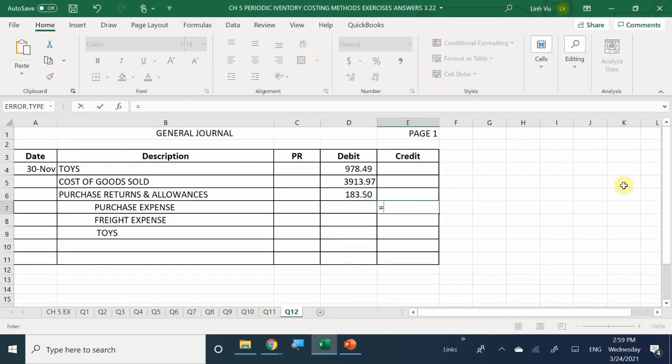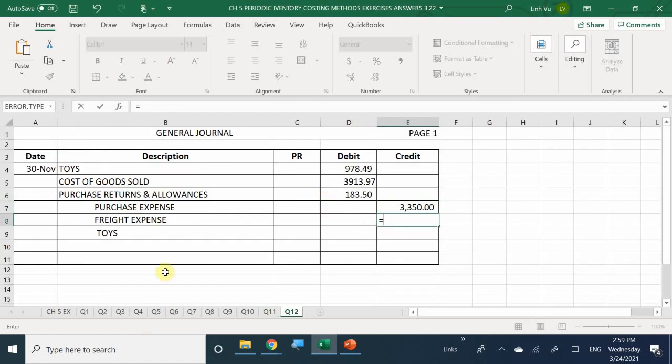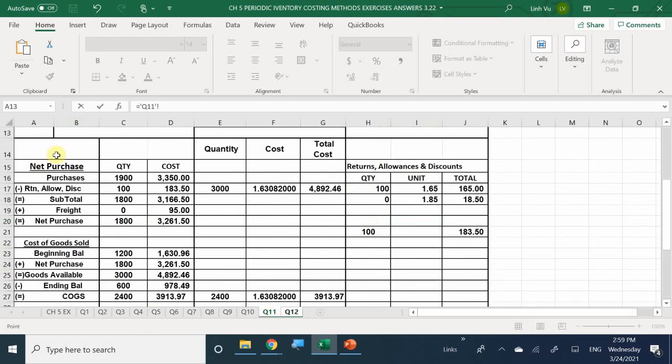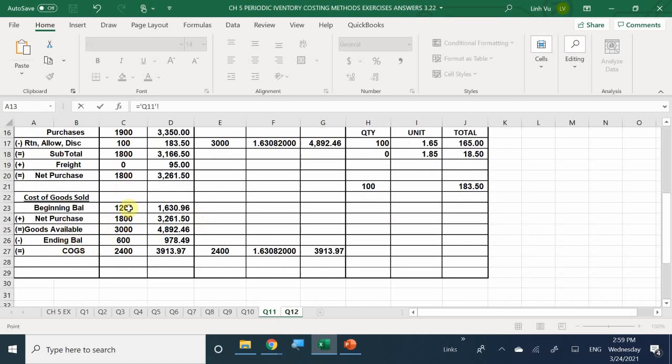What was my total original purchase price? $33.50. Yes, it was. What was my freight expense? 95. And lastly, what was my total beginning balance of my inventory? 1630.96.